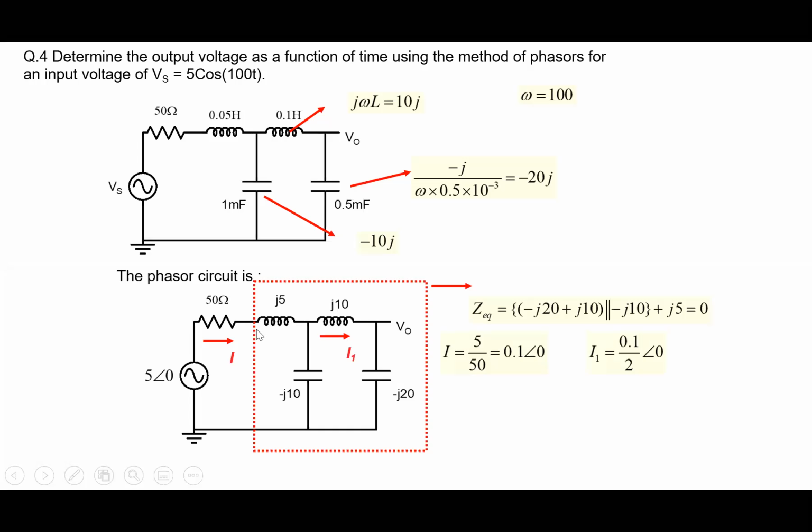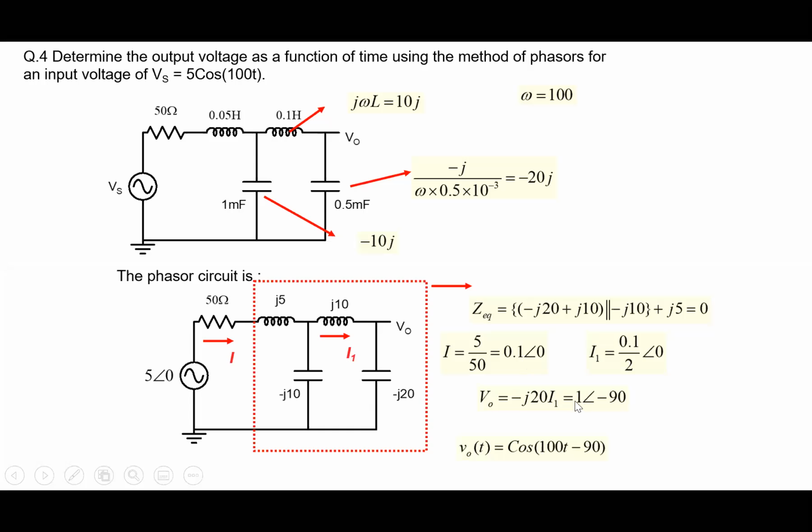So I1 will be, note that j10 and minus j20 is minus j10. So it's two branches, both of them the same impedance. So the current divides equally between the two. So it's easy to write down, it is 0.1 by 2. And then the output voltage will be simply I1 multiplied by minus j20. So we get an output voltage here.